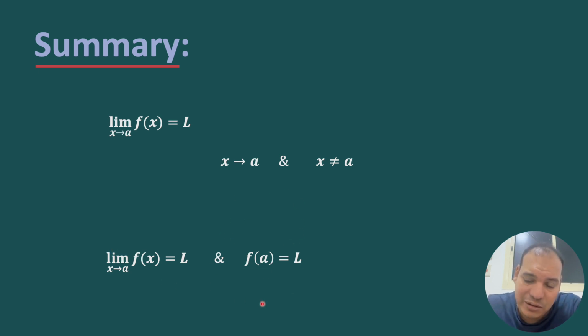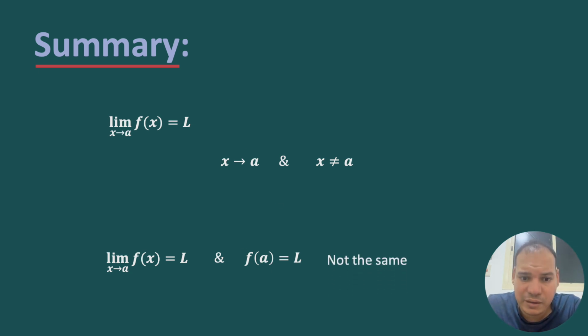But here, it means the exact value of the function at x equals a, and the value in this case is going to be the corresponding y value. Remember that a function has a limit at x equals a if the approaching principle gives us the same y value from both sides. Let's continue.